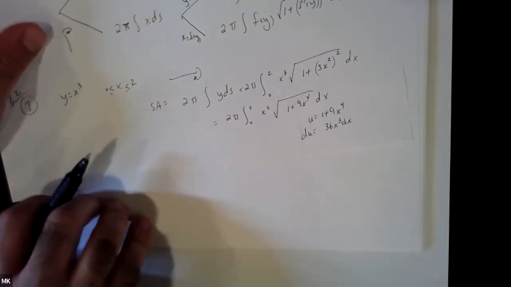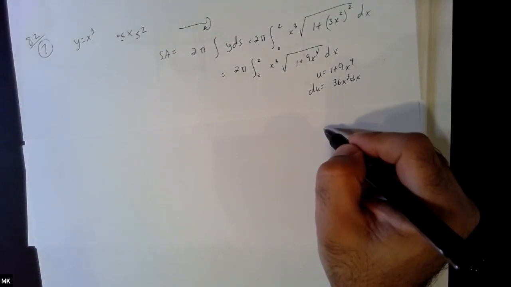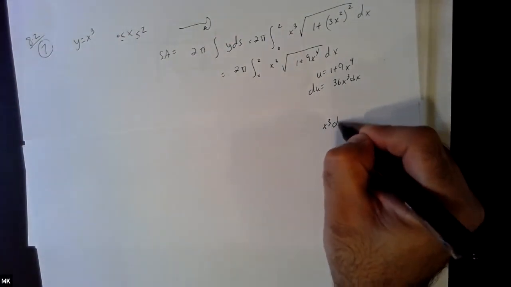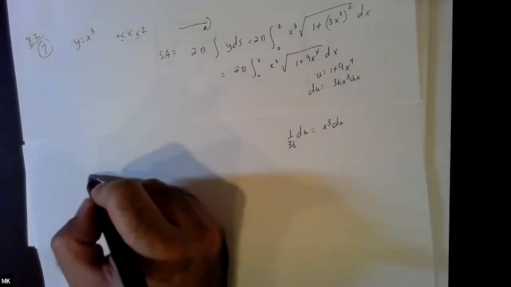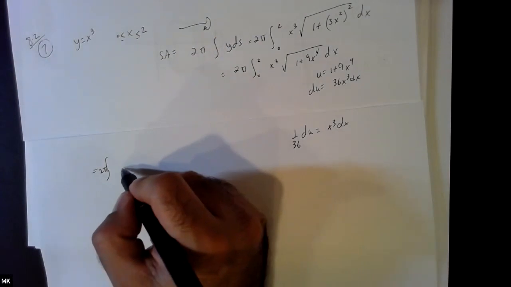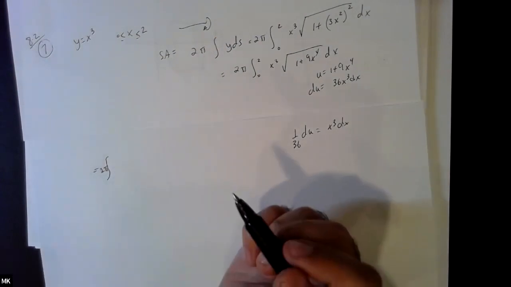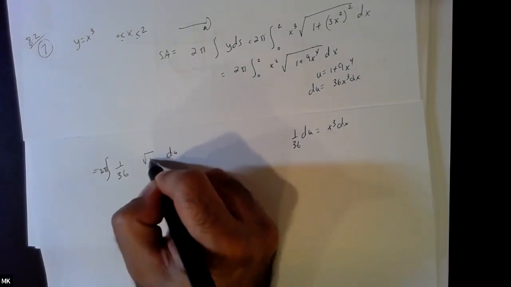If I just follow through with that, x cubed dx would be 1 over 36 du, and let's just go with that. So I have 2 pi times 1 over 36 du, and that's square root of u.